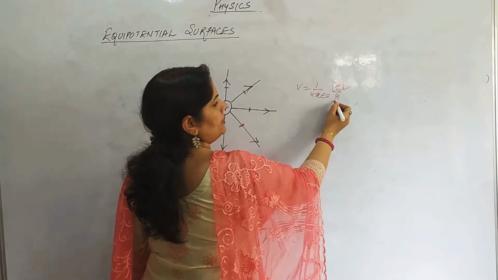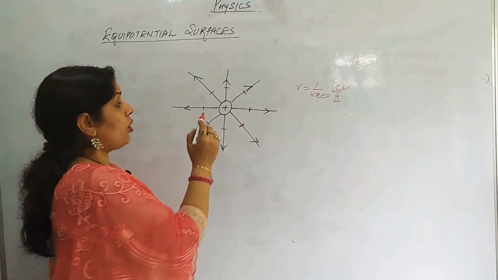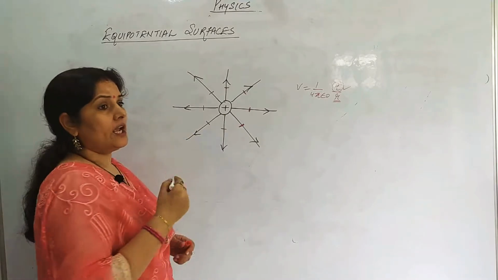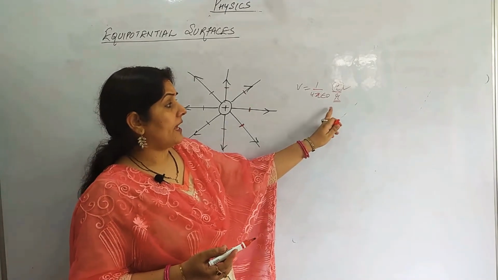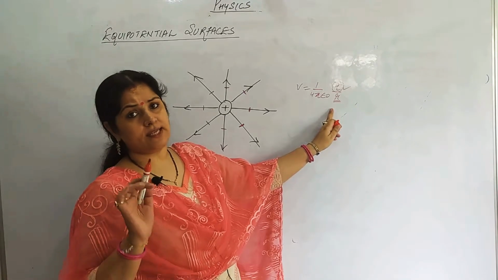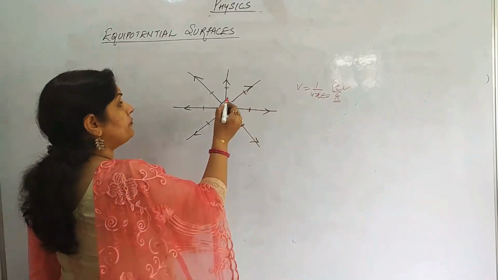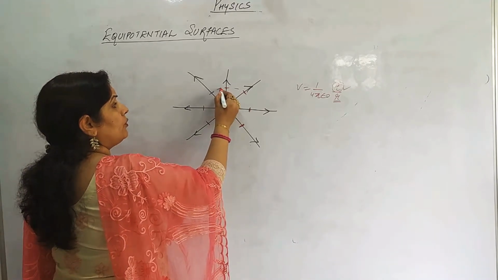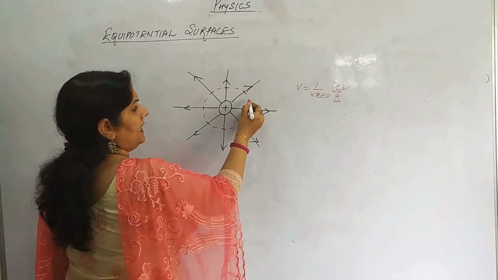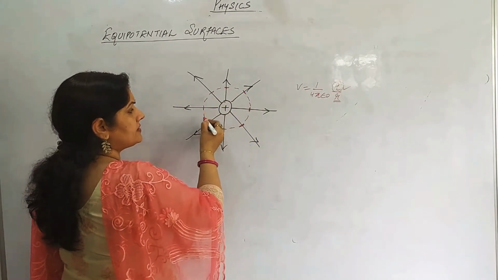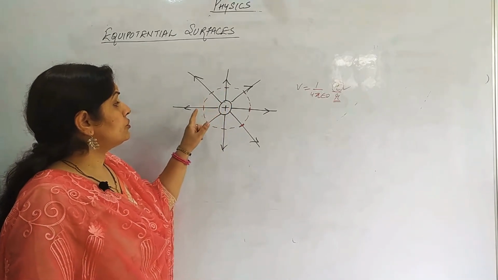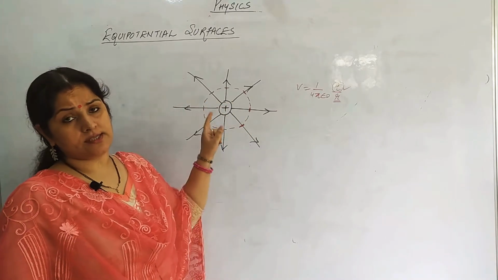Keeping the same q, if I keep r the same, then if I calculate potential here or here or here, I'll find that because the distance is the same, the potential will also be the same, right? So this concentric sphere tells me all those points at which the potential is the same.